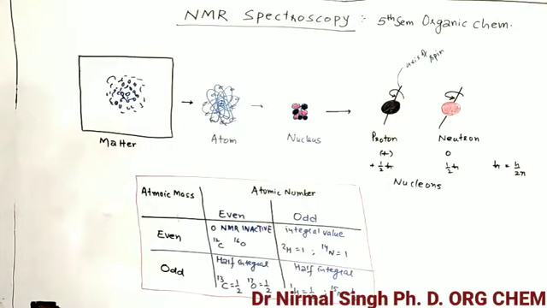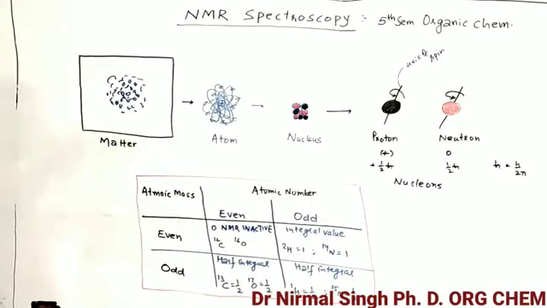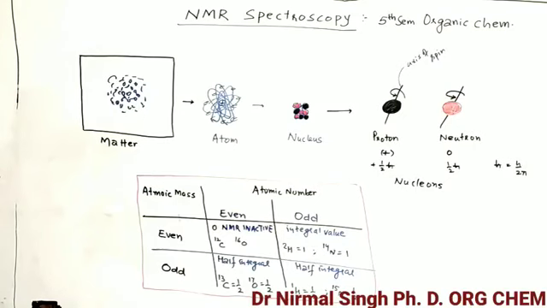Many elements in the periodic table have non-zero nuclear spin. Non-zero means not zero. It means those elements are NMR active; they interact with the radiation which we use in NMR spectroscopy.